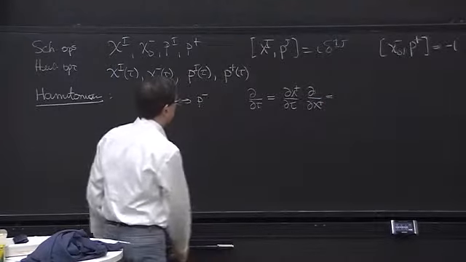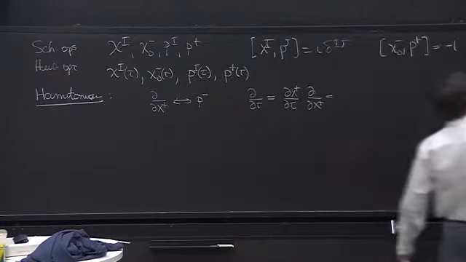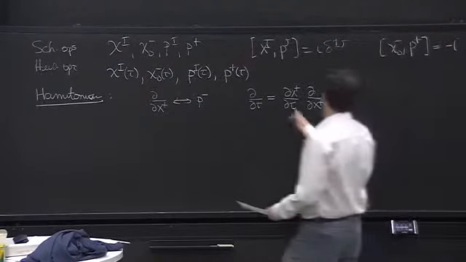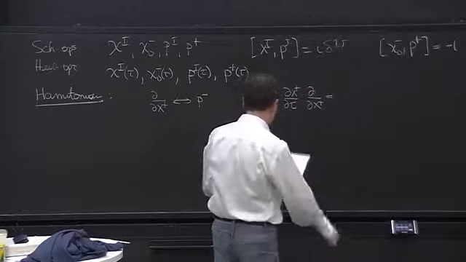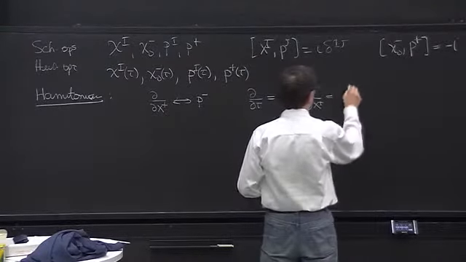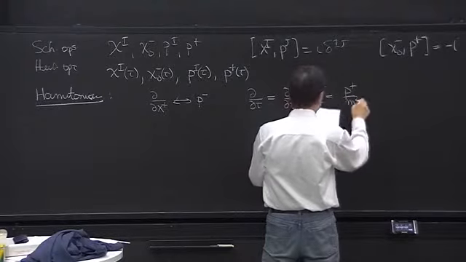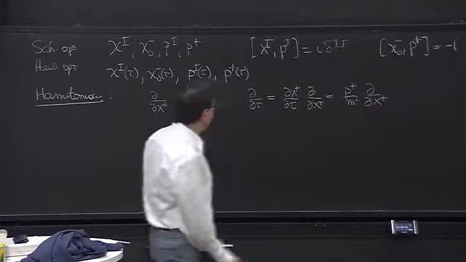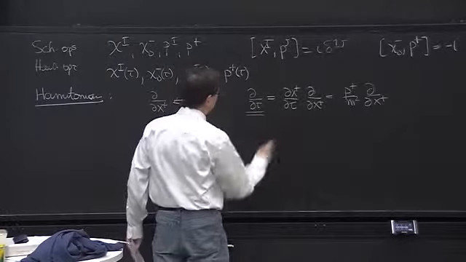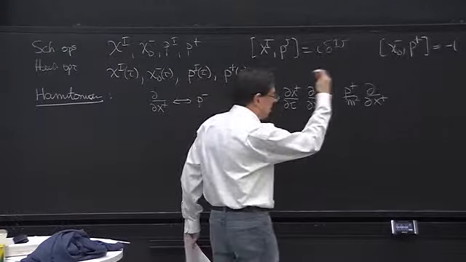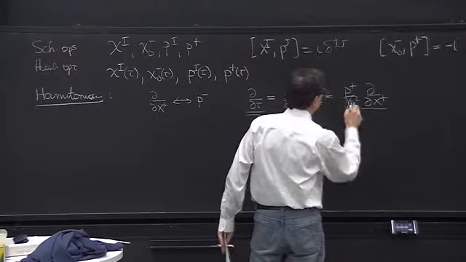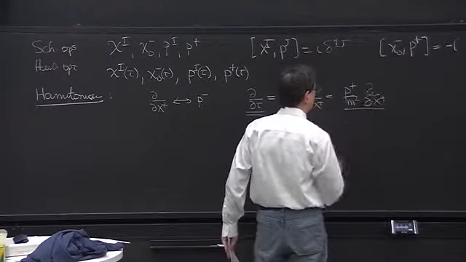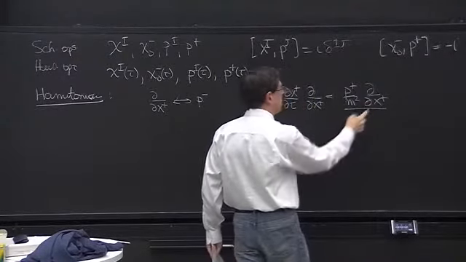They're proportional up to a constant. So dx plus/dtau is p plus over m squared, times d/dx plus. So my guess is that the thing that evolves in tau should be this thing, times the thing that evolves in d/dx plus, which is p minus.